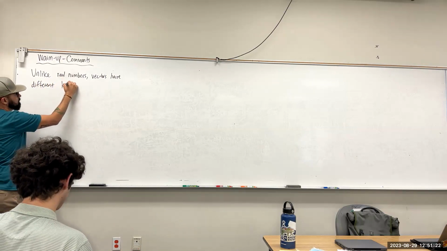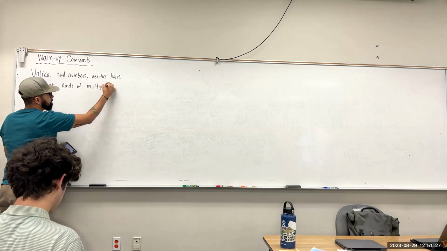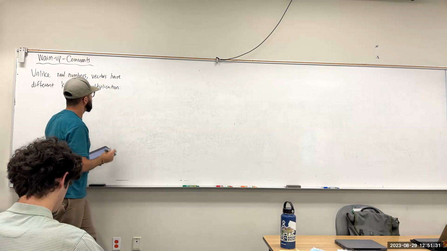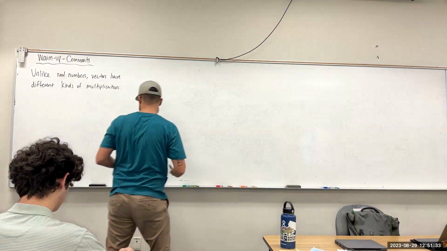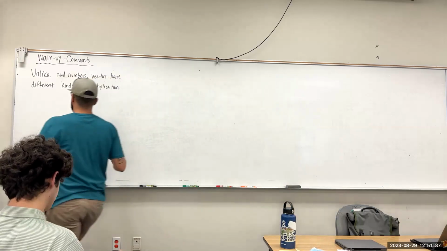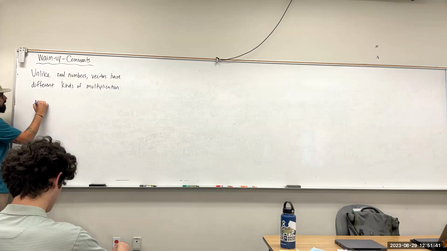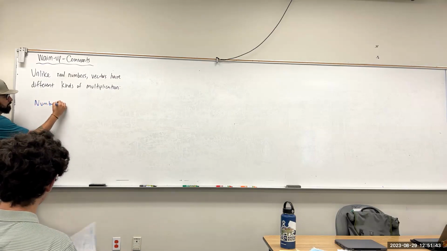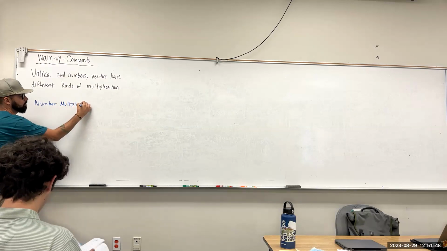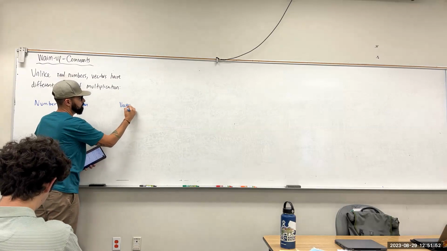I want to show you what that's going to look like before we jump into it. There's going to be all kinds of weird notation. So let's do number multiplication, and let's look at the kinds of notation that you're going to use for vector multiplication.